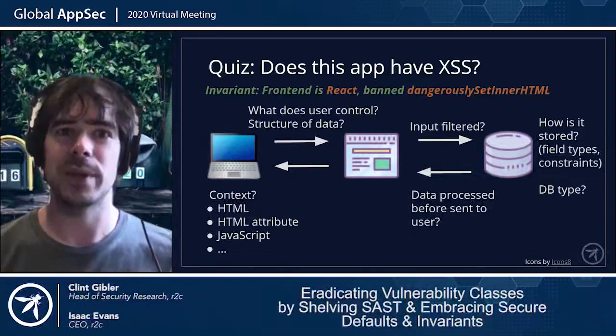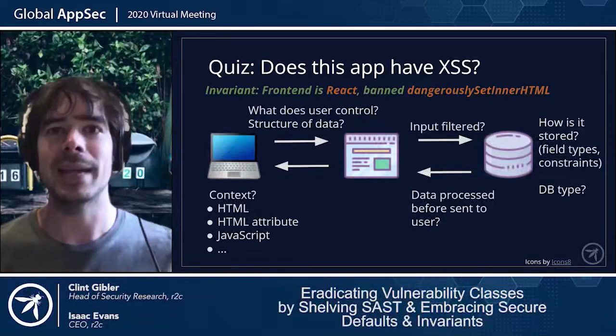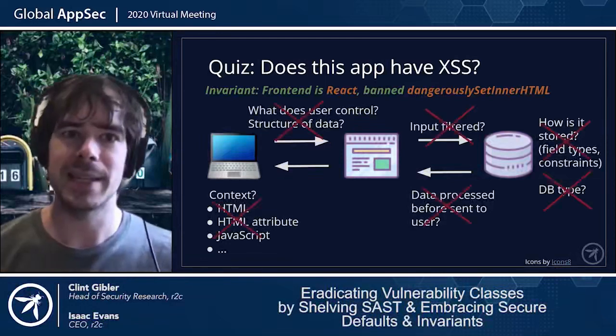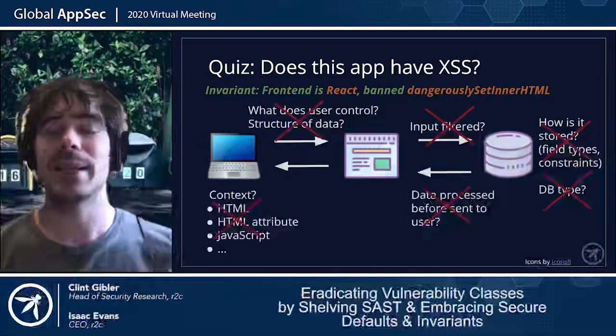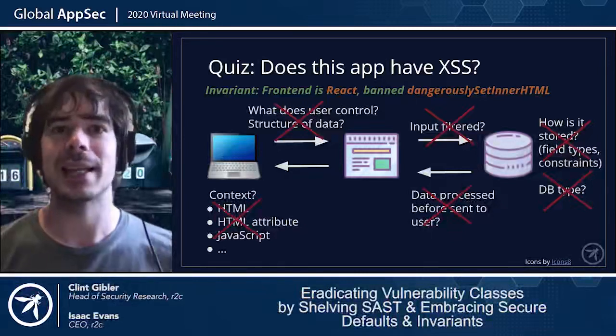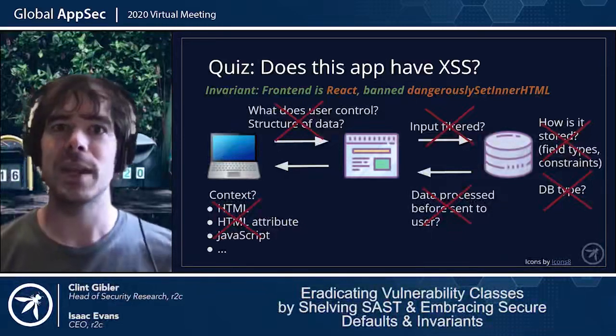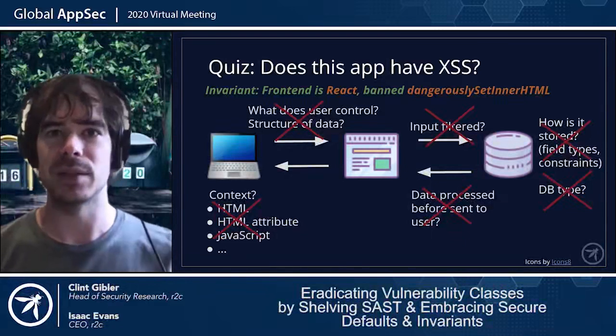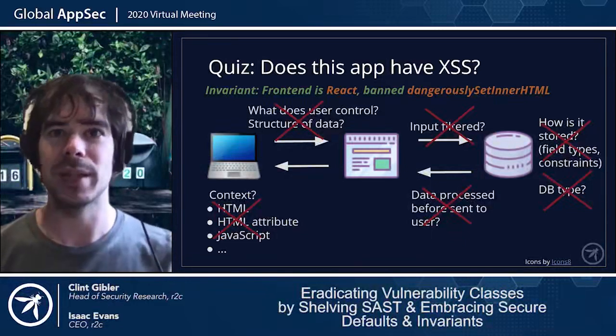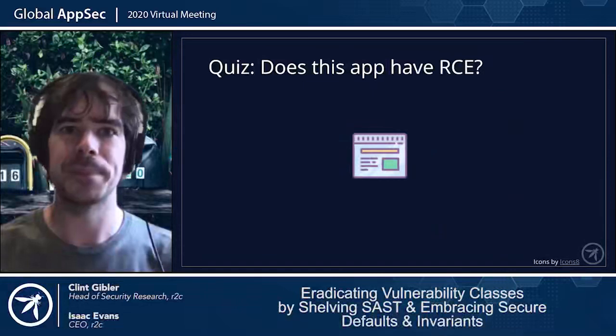So if I were to tell you that everything is React and we've banned all of the places where you can do something dangerous, probably a lot of these questions that you used to have are suddenly a lot less impactful, because we've mitigated classes of risk, a broad swath, lots of things we don't have to care about as much anymore.